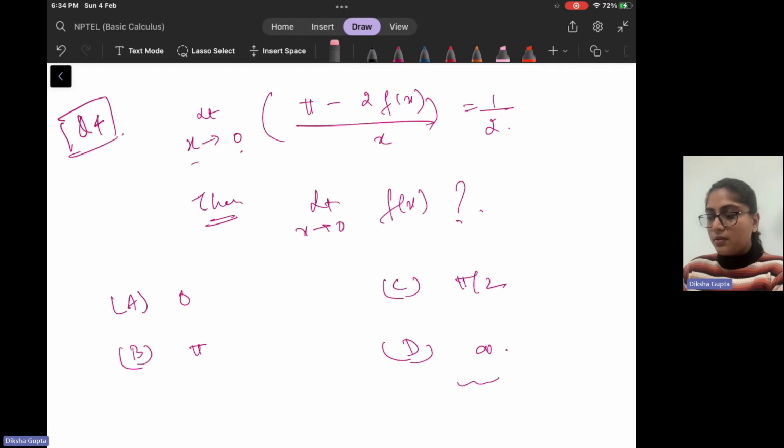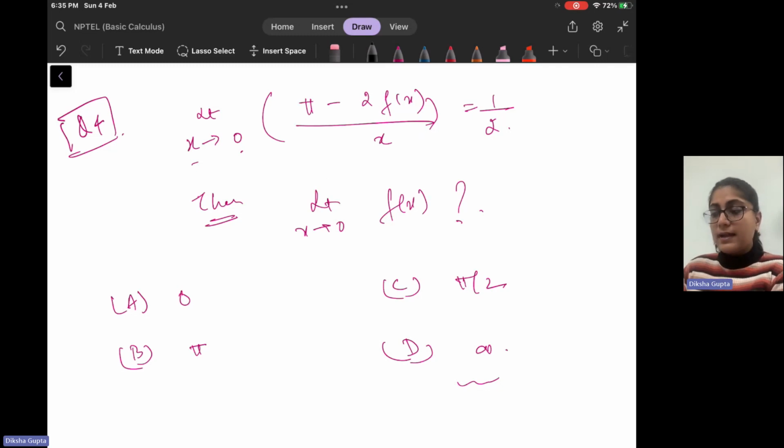Because if the limit of the numerator goes to some finite quantity, and if the limit of the denominator goes to infinity, then the overall limit has to go to infinity. Or if the limit of the numerator goes to infinity, again the overall limit will have to go to infinity. But we have here that the limit of the ratio is well defined, it exists.